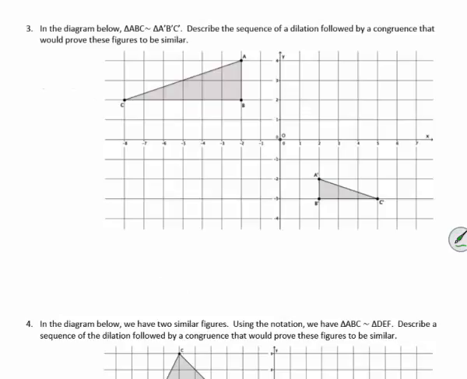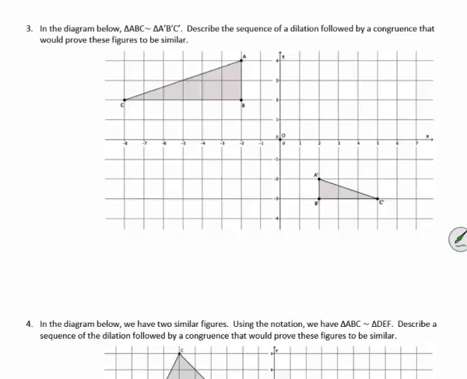All right, let's try another one. In the diagram below, ABC is similar, same shape, different size, to A prime, B prime, C prime. Describe the sequence of a dilation followed by a congruence that would prove these figures to be similar. Well, I have to first figure out what scale factor was used to get there.